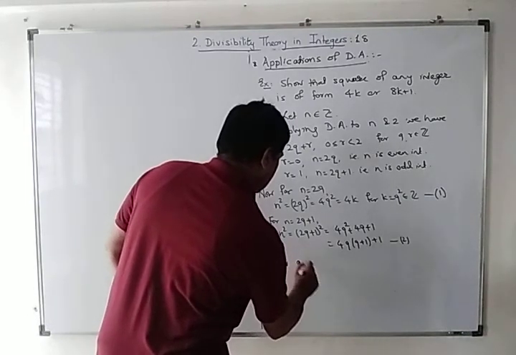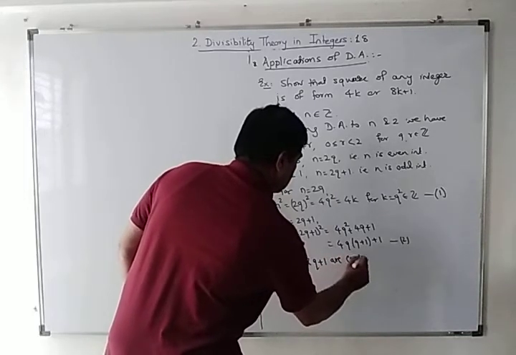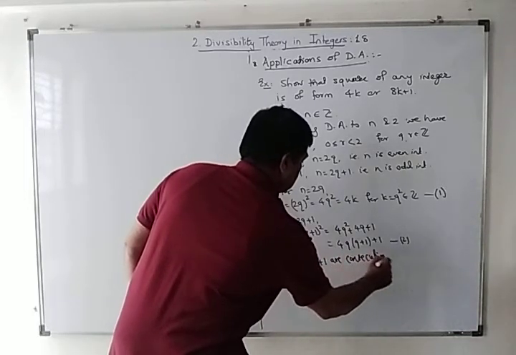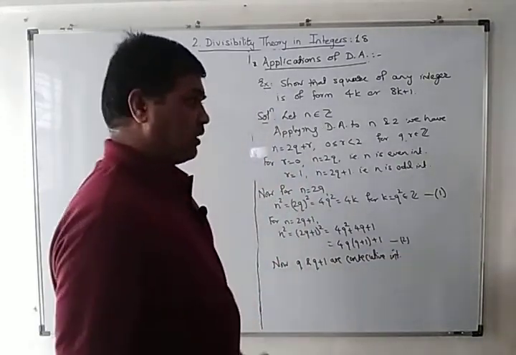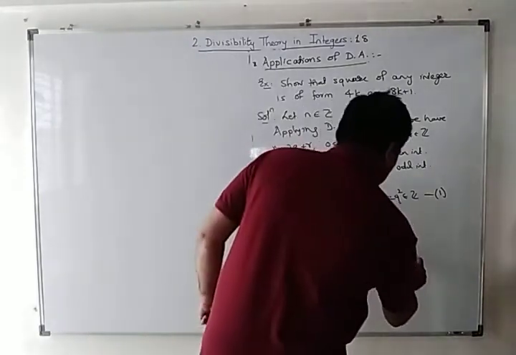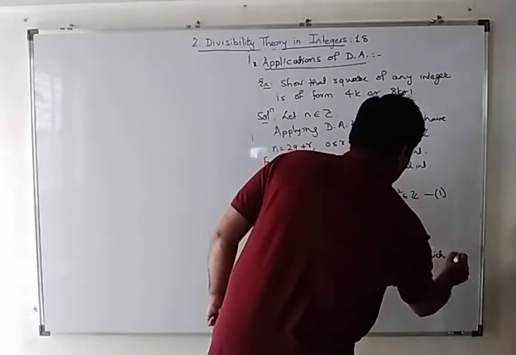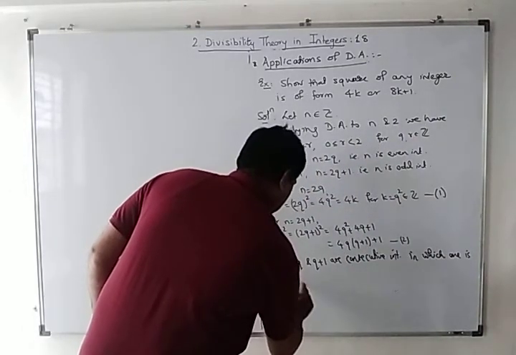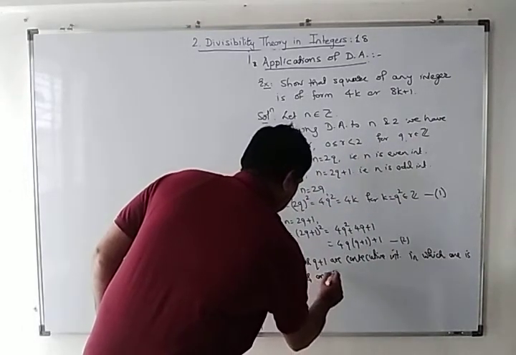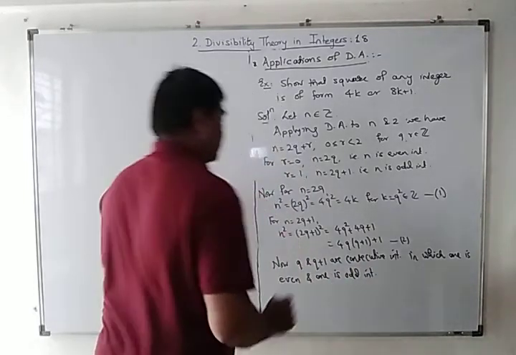Now q and q plus 1 are consecutive integers, in which one is even and one is odd integer.